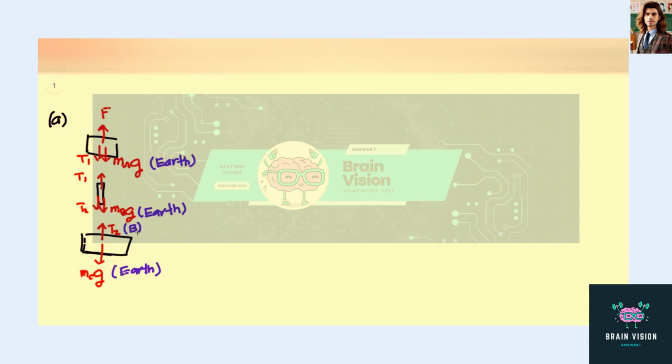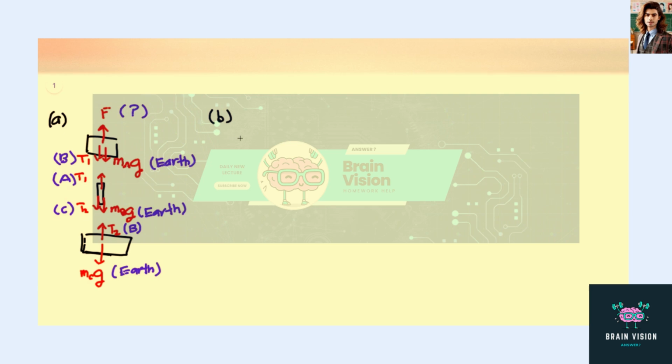So for T2 on item C, that would be B, and vice versa. And then for T1, it's coming from A, and then up here, it's coming from B. And then honestly, based on the grammar of the problem, they don't tell us what's causing the external applied force, so you can put yourself. Maybe you're holding it by a string, but I'm just going to put a question mark there because it's ambiguous as to what it is.